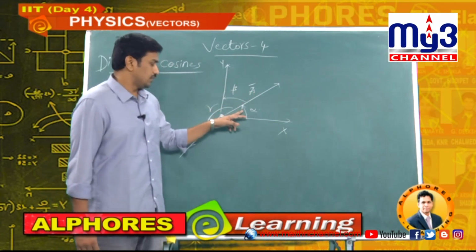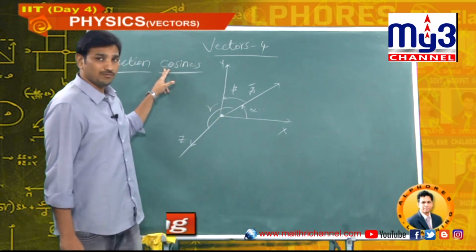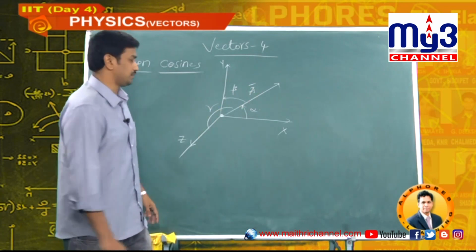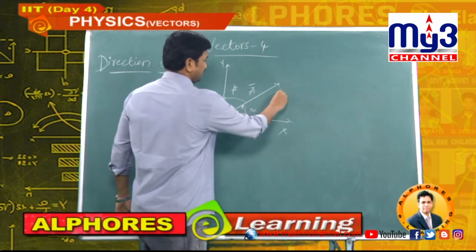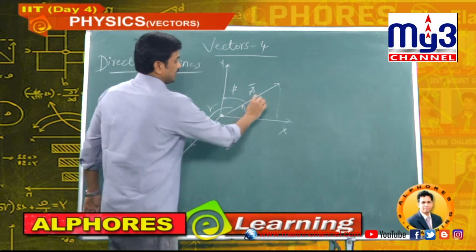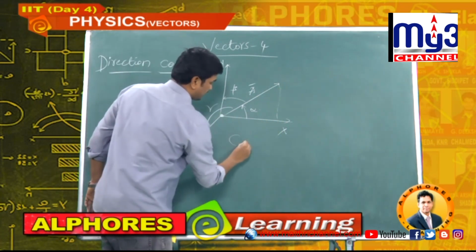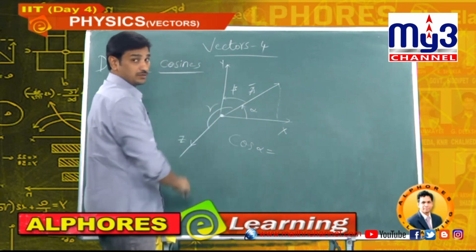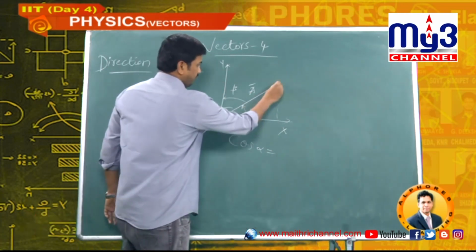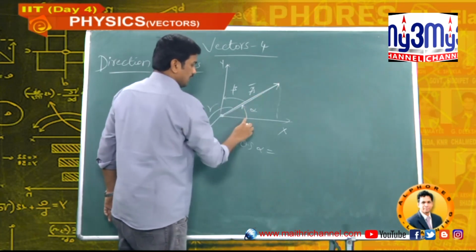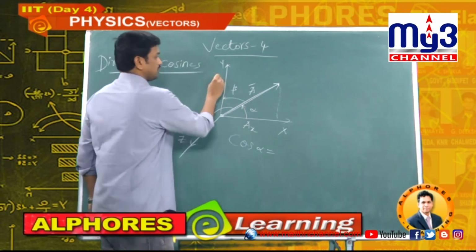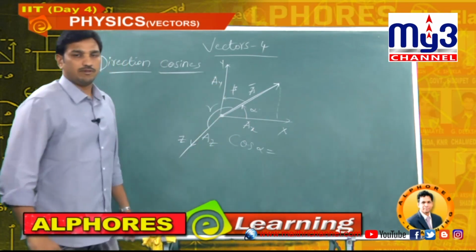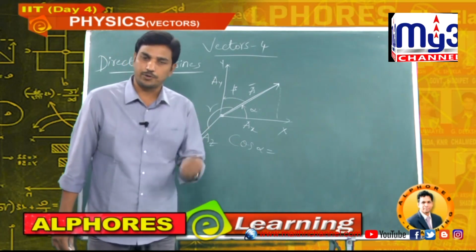So here, the cosine of the angles is giving information about the vector. See, right angle triangle. What is cos alpha? Adjacent side by hypotenuse. Now the vector's x component is ax, y component is ay, z component is az. A vector in 3D has three components.